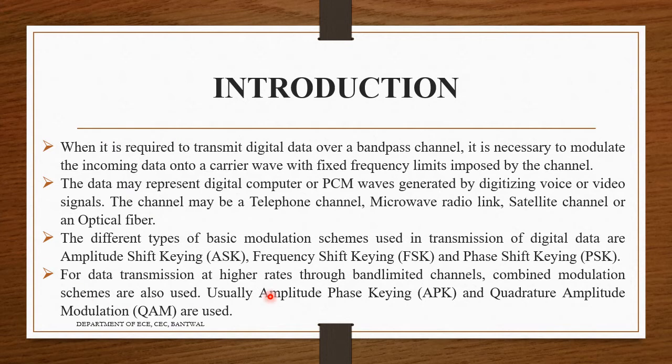Now, on the basis of this, what are the basics we have analyzed? We can classify the basic schemes we usually use in the transmission of digital data as amplitude shift keying, in short ASK, frequency shift keying, FSK, and phase shift keying, PSK.